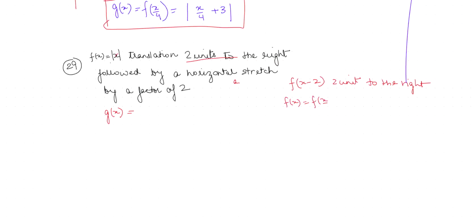So in this case, it would be f of x minus 2 as the first step, and then we multiply x by half. So it is half x minus 2.